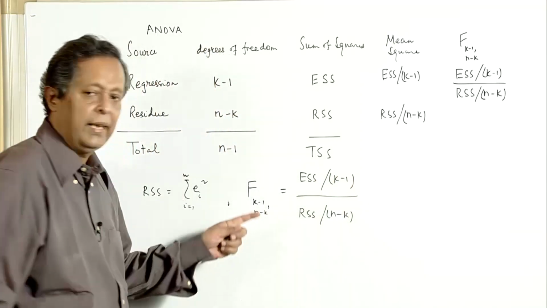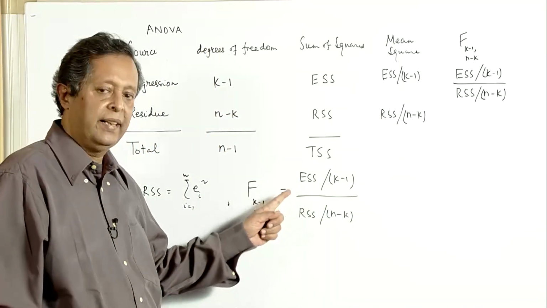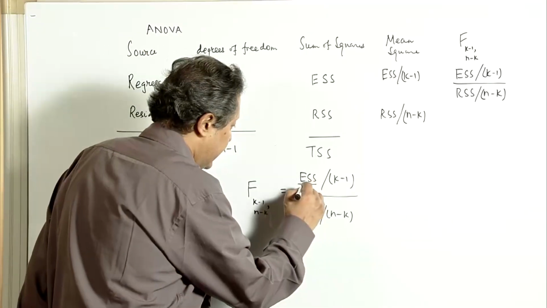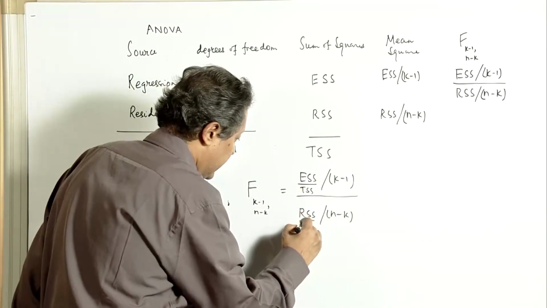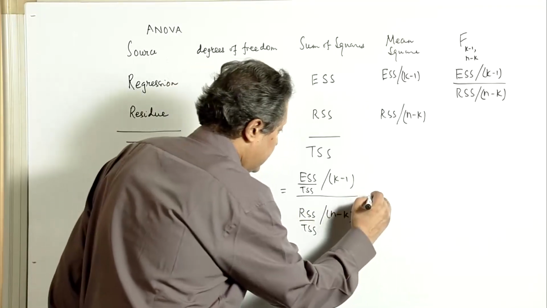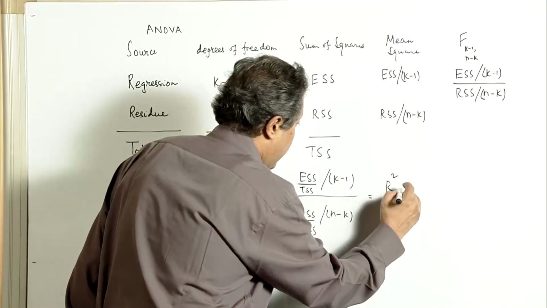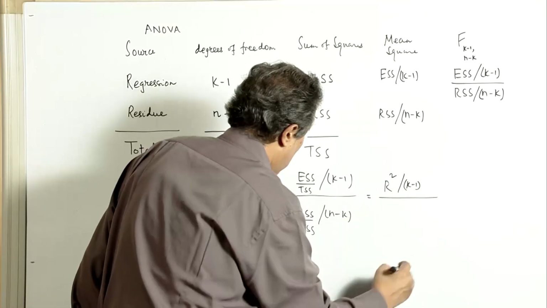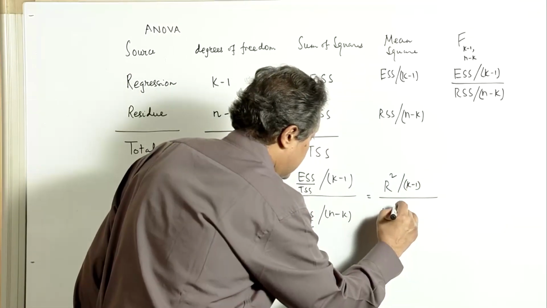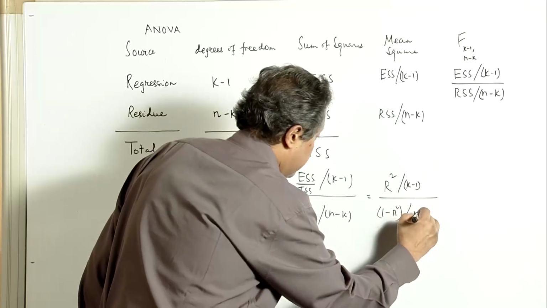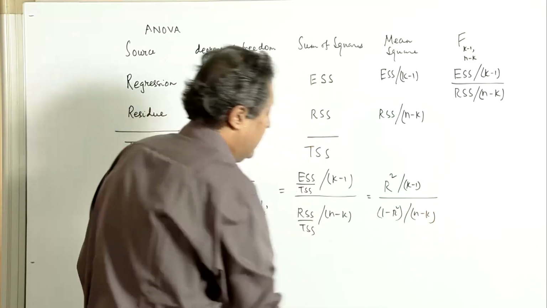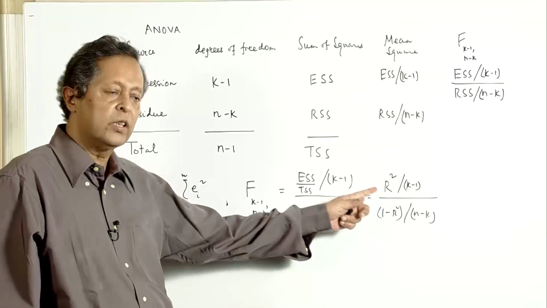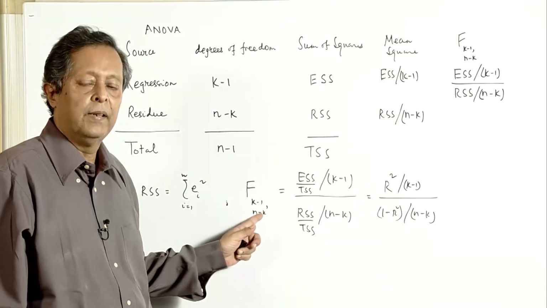Now, if we divide both the numerator and denominator by TSS, then we can just factor in that TSS and we can obtain this is equal to R square divided by k minus 1 all upon 1 minus R square divided by n minus k. So, the goodness of fit, which is measured by R square, is also reflected by the F statistic.